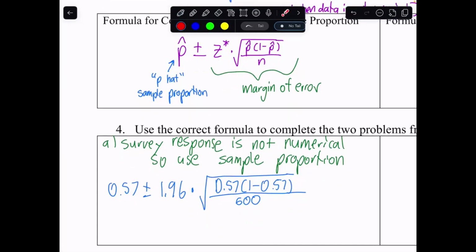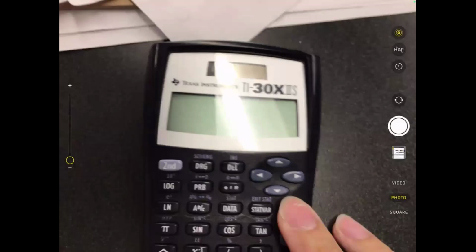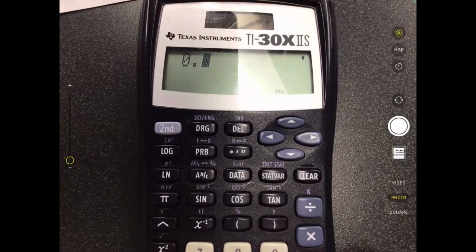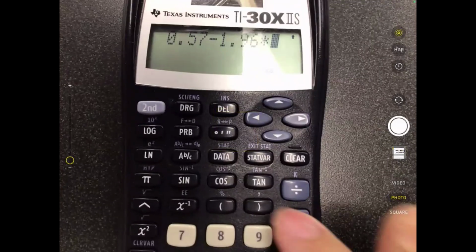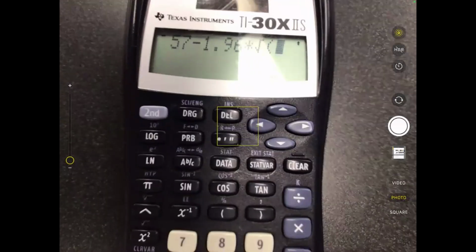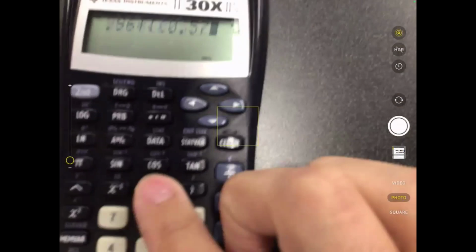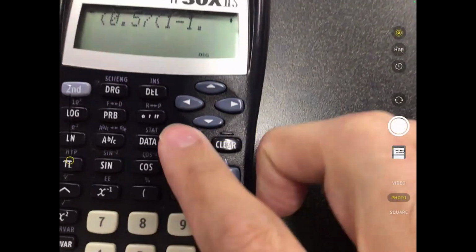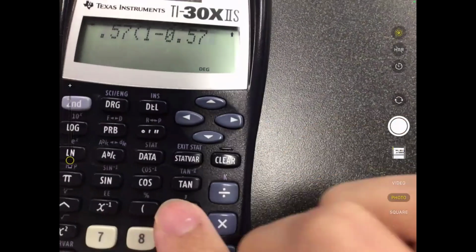For me, I will do the minus first. 0.57 minus 1.96 times the square root. So the numerator, 0.57 times, parentheses, 1 minus 0.57, close parentheses.